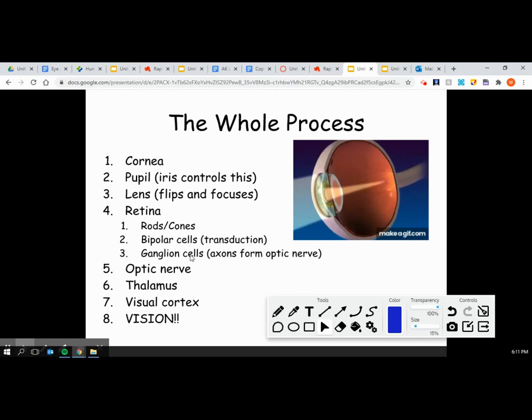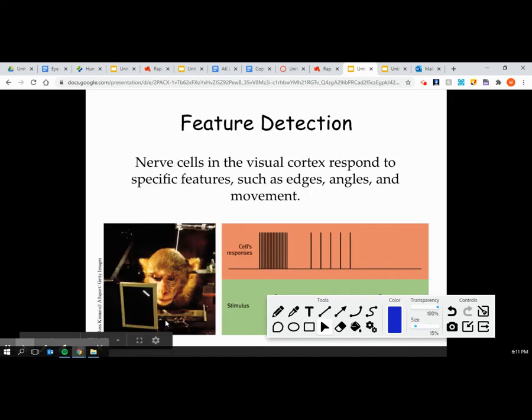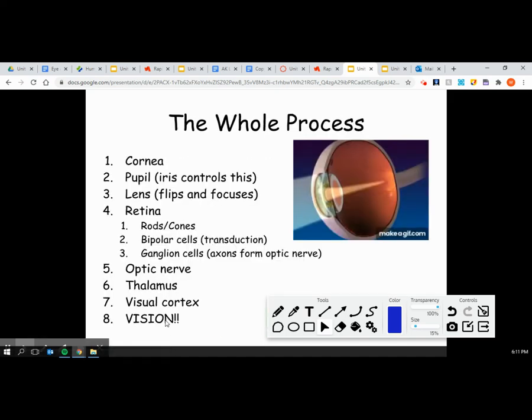And then that is communicated to the ganglion cells, of which the axons form the optic nerve. From the optic nerve, it goes through the thalamus to the visual cortex, and then that is what allows for us to see. So that was quick, but that is the entire process of vision right there.